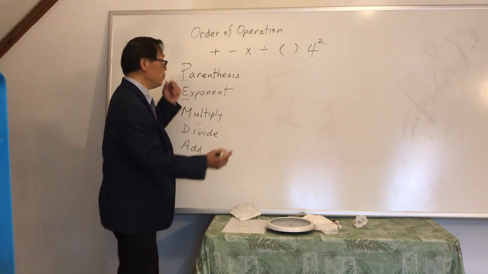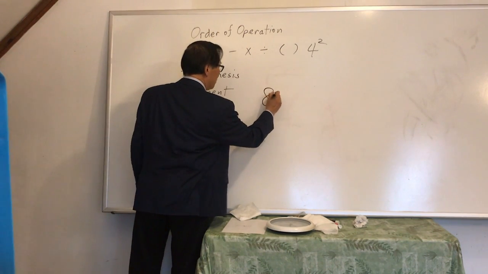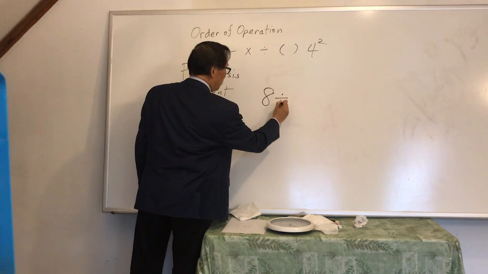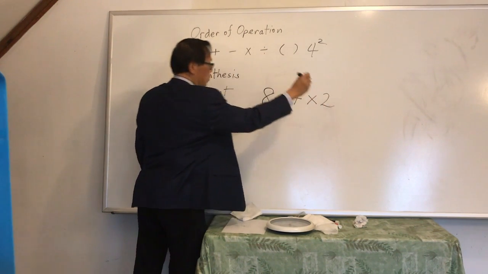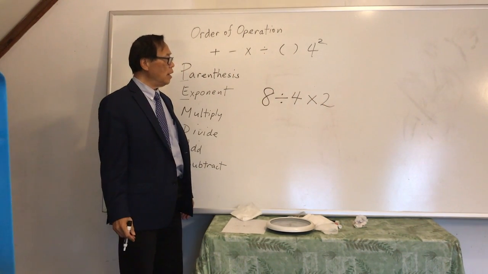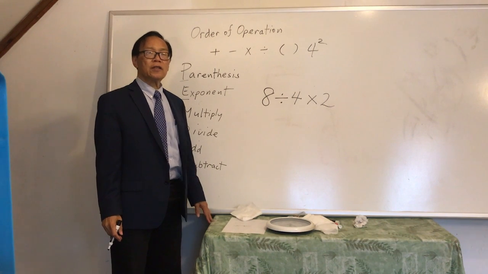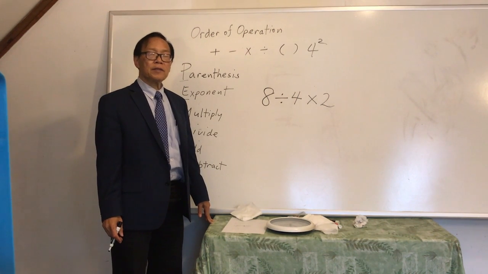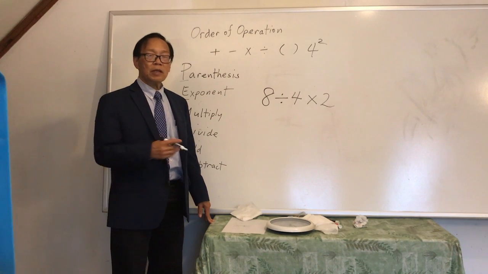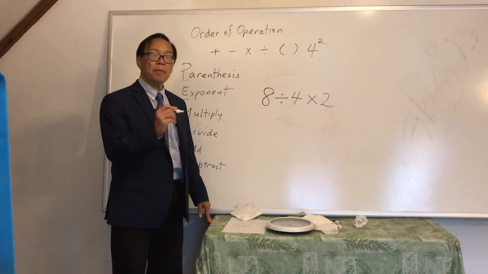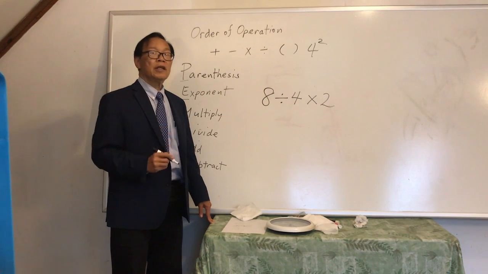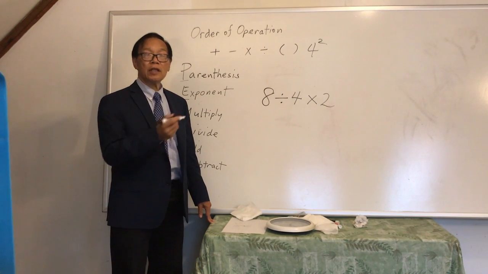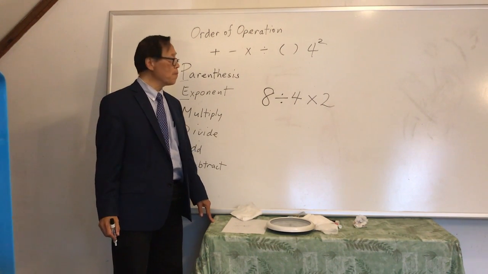So for example, if you were given 8 divided by 4 times 2, I'll give you a few seconds to figure out the answer. When you come to class, please make sure you have a pen and paper so you can always take notes and do some calculation like I'm asking you to do right now.